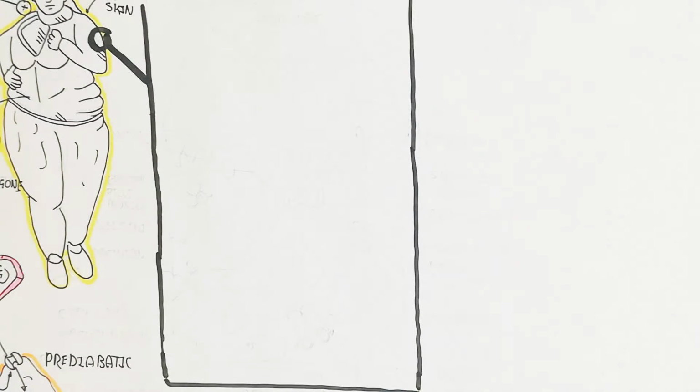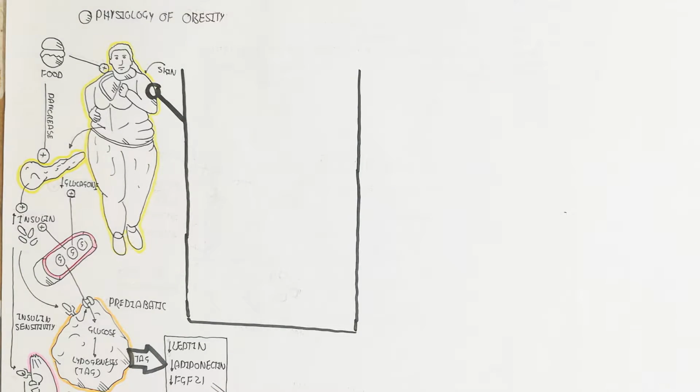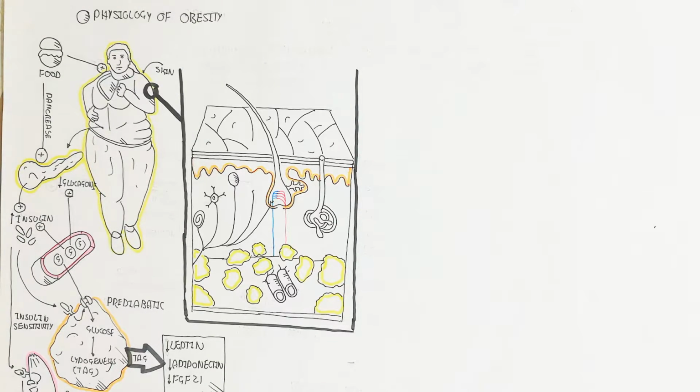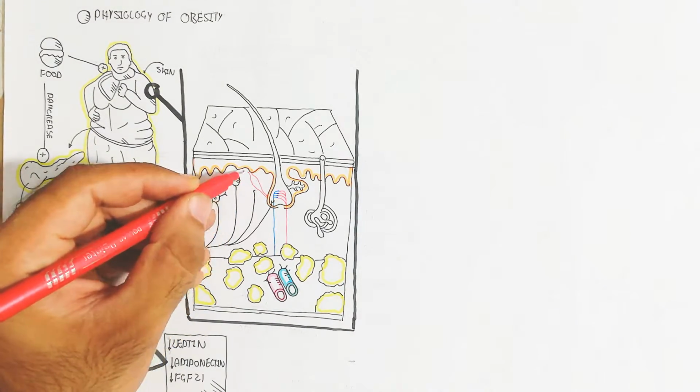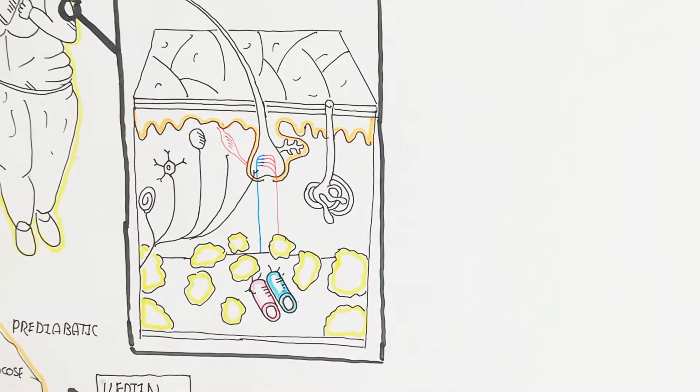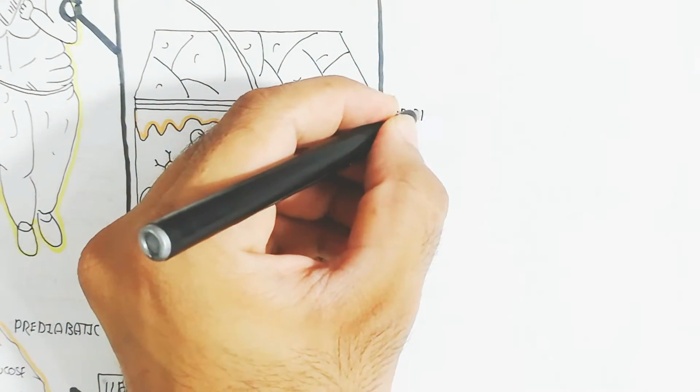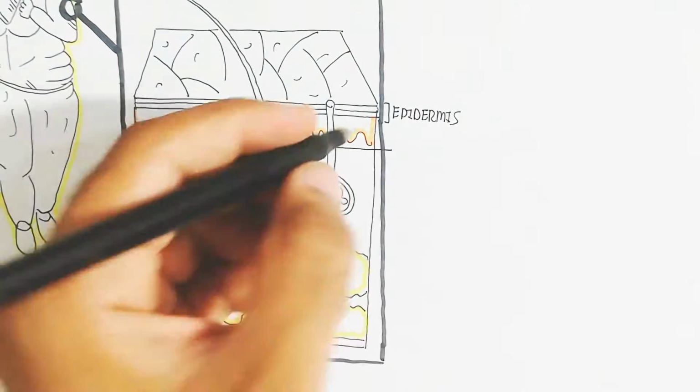Let's begin to understand the skin of the fatty person. The skin contains different areas, so here we can cover the different layers. The uppermost layer is the epidermis, and the innermost layer is the hypodermis. Between both layers the dermis is present.